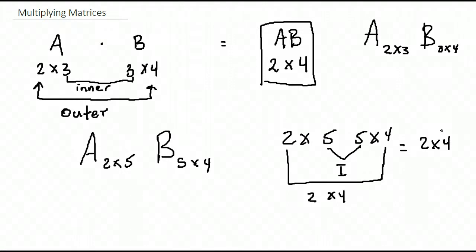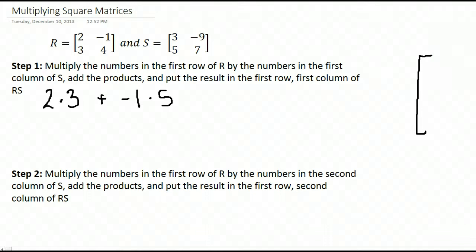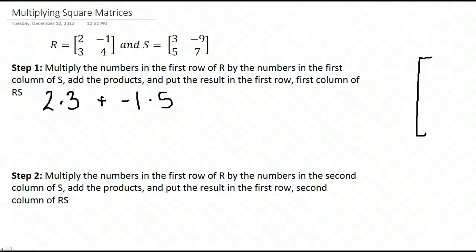Okay. So now let's talk about actually multiplying matrices. The first one we're going to look at is multiplying square matrices. There's a bunch of steps that we have to do in order to solve this. If we have matrices R and S and we want R times S, the first thing we do is look at our matrices. This is all on page 169. The first row of R is 2 and -1, the second row is 3 and 4.